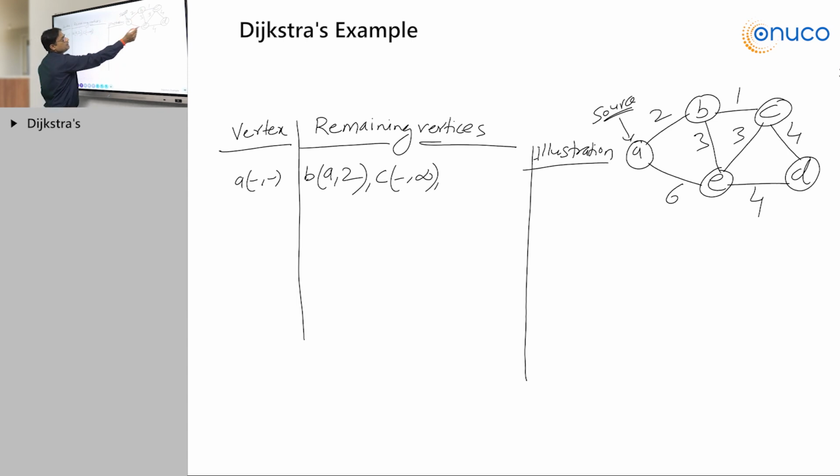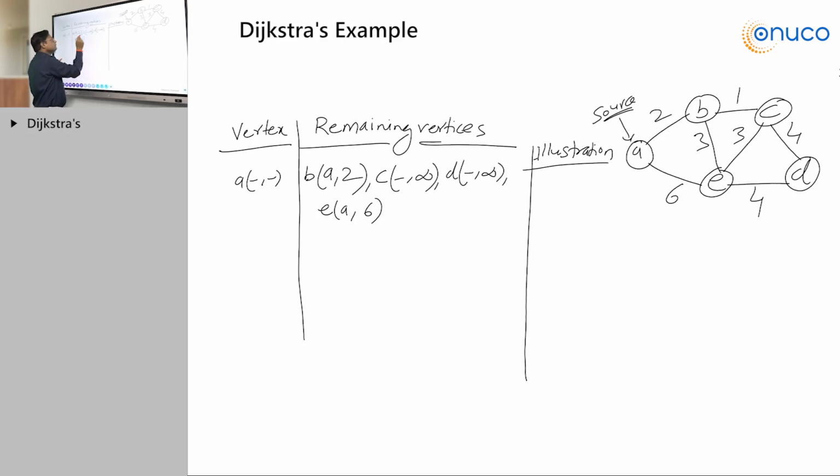Similarly, A to D, do you have a direct path? No, we don't, so we write D hyphen infinity. Then A to E, where E is the destination: do you have a path from A to E? Yes. A to E is 6. This is the first part, and now we see the minimum distance computed here: 2, infinity, infinity, 6.